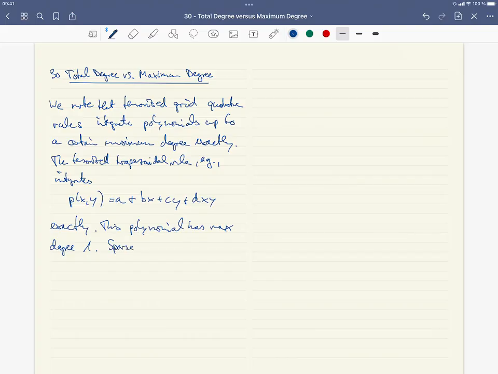So sparse grids, or sparse grid quadratures, I should say, on the other hand, integrate polynomials of a certain total degree exactly.